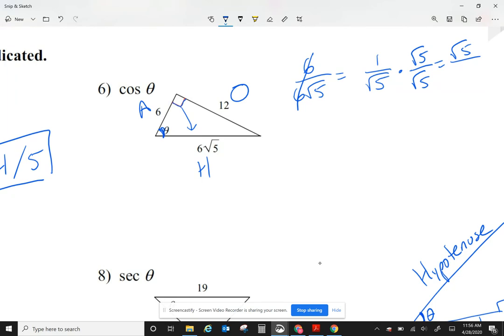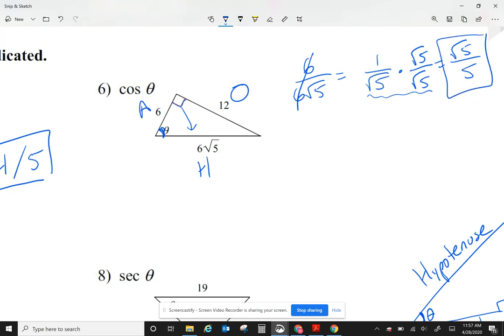Radical 5 times radical 5 is just 5. Because you guys could think, well, I can multiply the radicals, so that gives me radical 25. But isn't the square root of 25 just 5? So notice how when you multiply a radical by itself, you just get rid of the radical symbol. All right, so my answer is that.